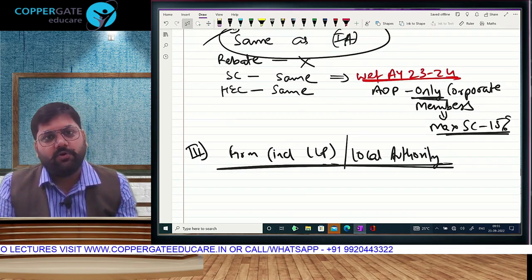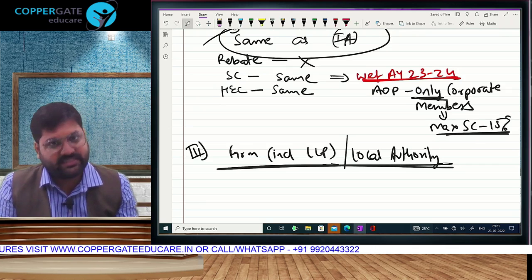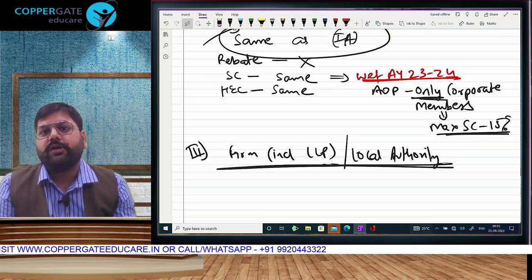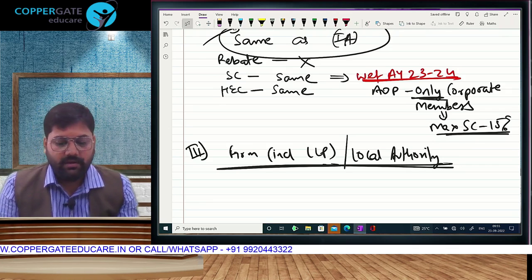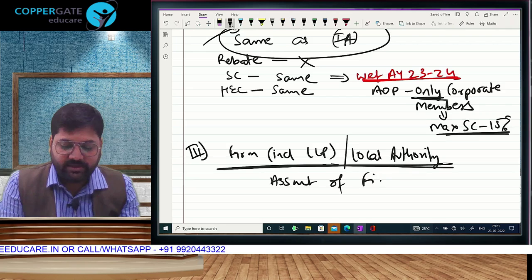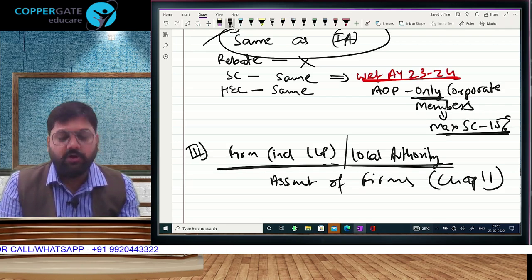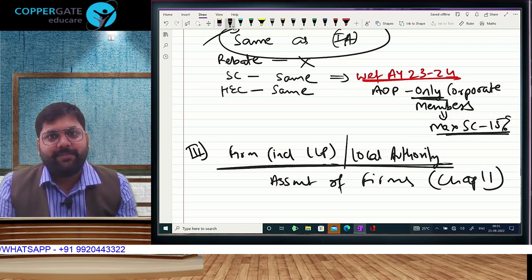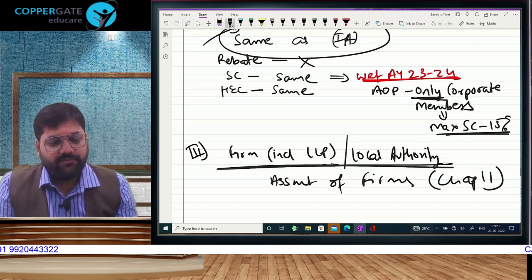Partnership firm, LLP and local authority ka tax rate is absolutely same, and this I am not going to cover in introduction ka chapter. We are going to learn a chapter called Assessment of Partnership Firms. In our textbook, it is chapter number 11 of volume 1. 11th chapter in our portion. Textbook ke index mein you will find it. If you don't trust me, you check it right now. Otherwise, you can check it later.